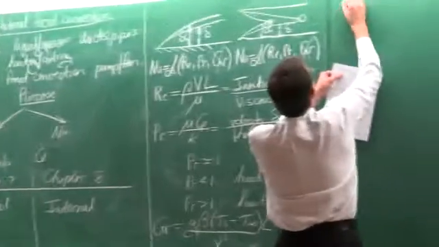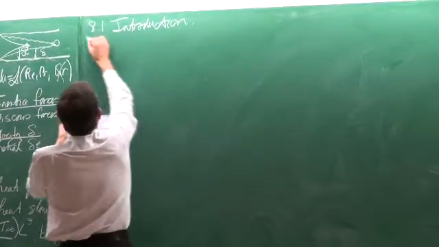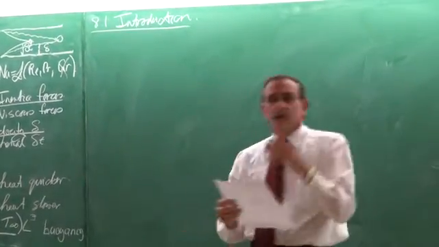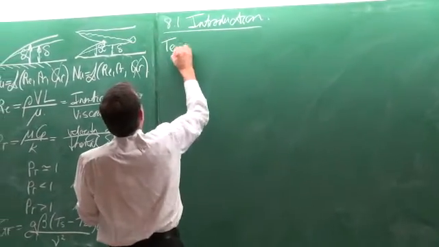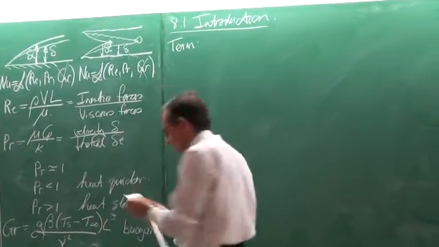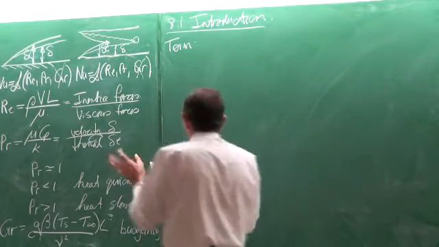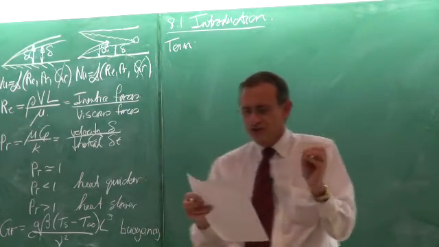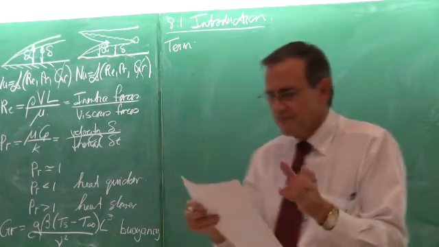Paragraph 8.1 is the introduction, and it starts with terminology. It's about the terminology between pipes, ducts, and conduits, which are being used interchangeably.